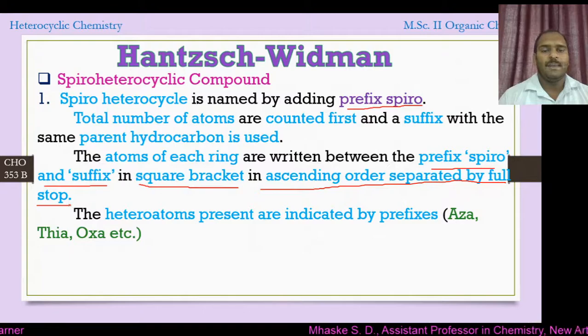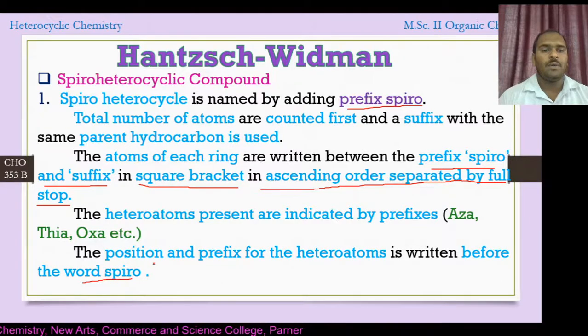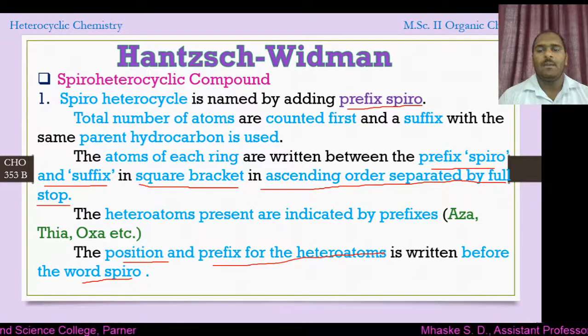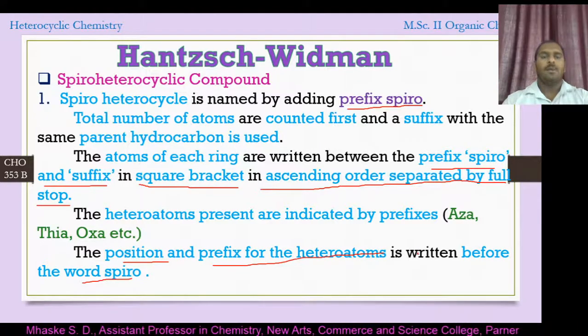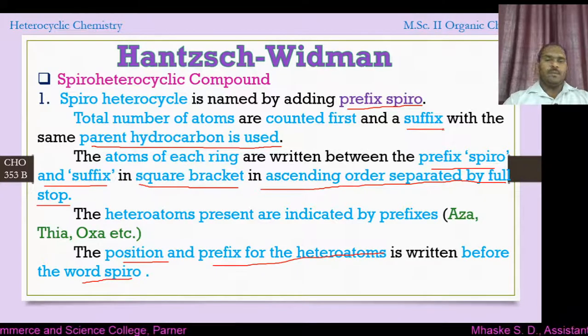The heteroatoms present are indicated by prefixes such as aza, thia, oxa, which we have already seen. The position and the prefixes for the heteroatoms are written before the word spiro. So what we have to remember is that the parent hydrocarbon name is used as a suffix for writing the name of the spiro compound.